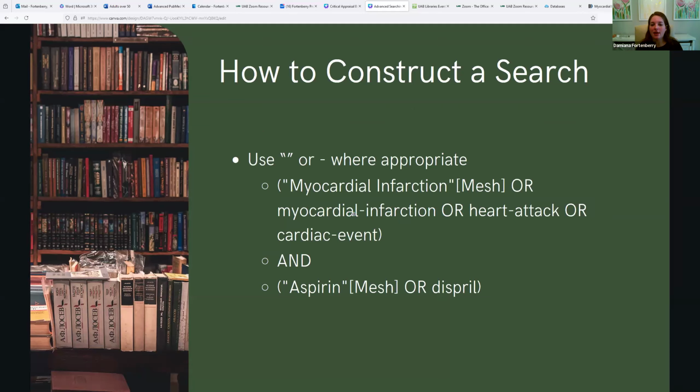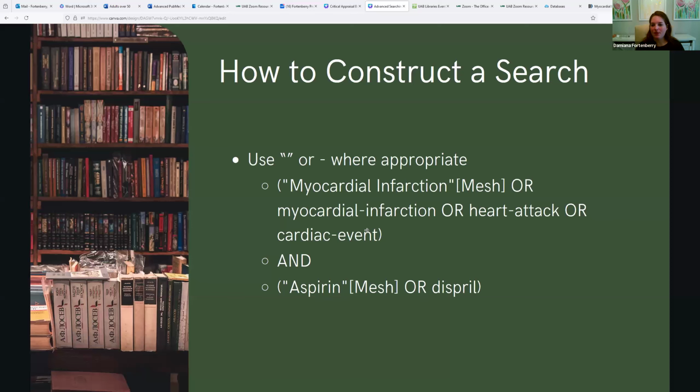So it'll say, okay, you want articles on myocardial. Gotcha. You want articles on infarction. Gotcha. Those two articles may be talking about myocardial infarction.